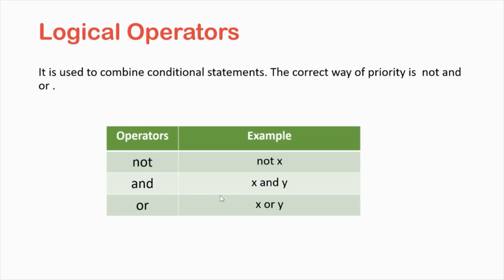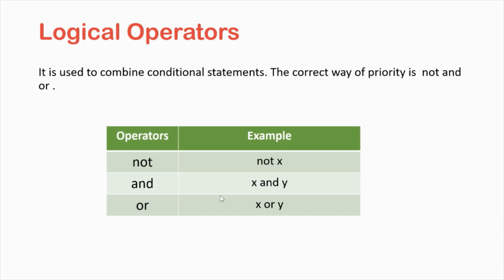It means that it is combining more than one conditional statement, correct? If this condition and this condition are satisfied, then only we will execute this task, or else we will not execute this task. This is basically the overall flow of combining conditional statements.